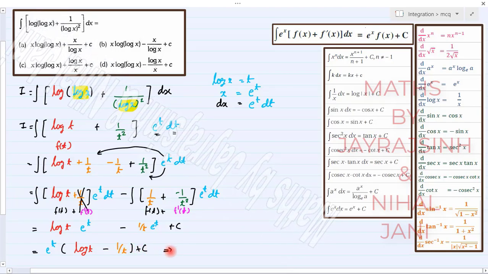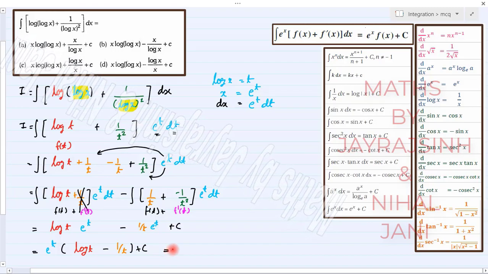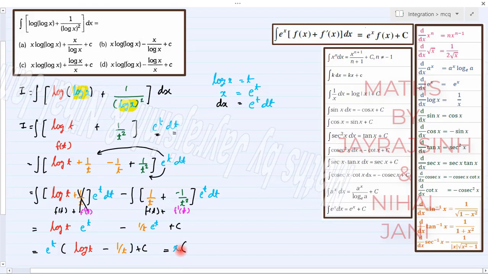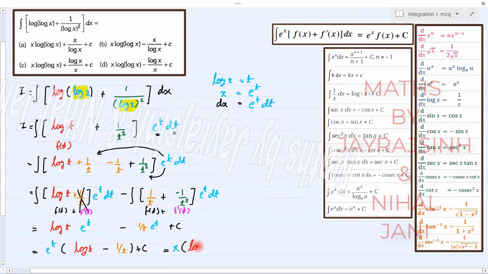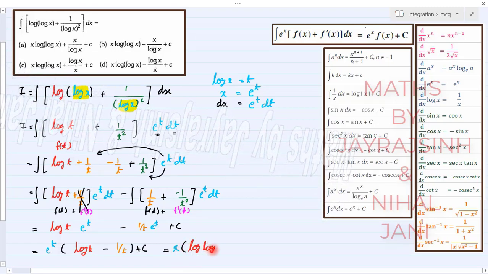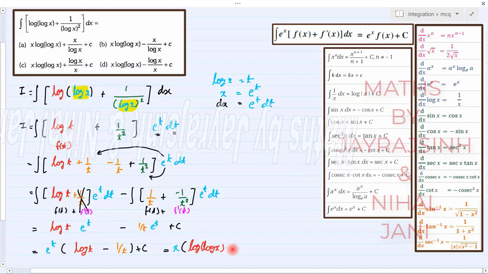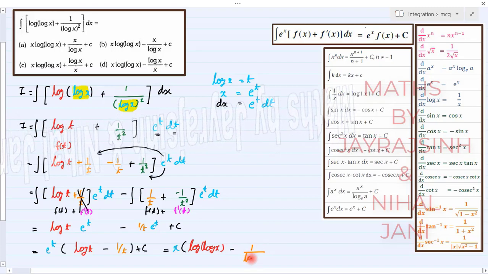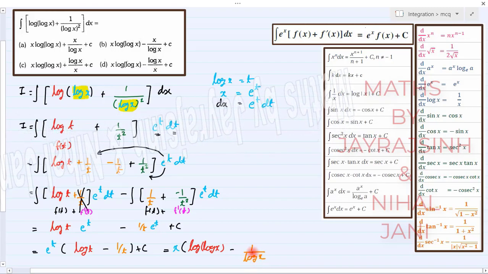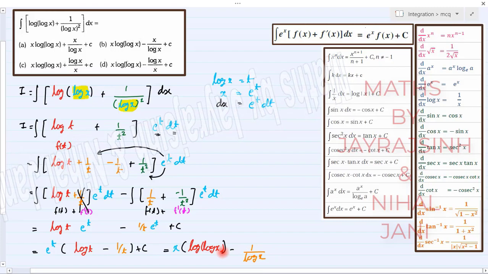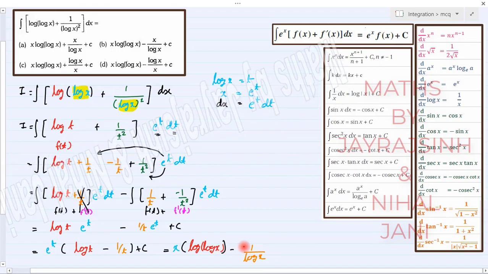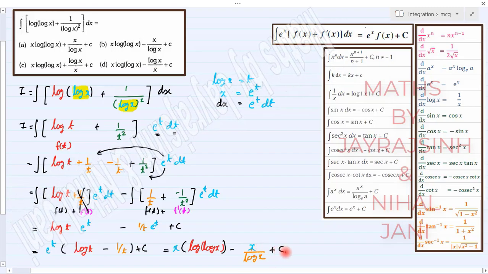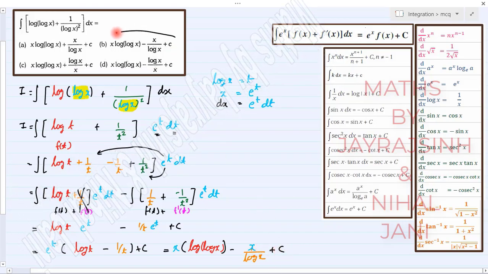And to get the final answer, we just have to substitute the value of t. Your e raised to t is simply x. Your log t will be log of log x minus 1 by log x. And if you multiply x with two terms, we will get x into log of log x minus x upon log x plus c, which is given in option B.